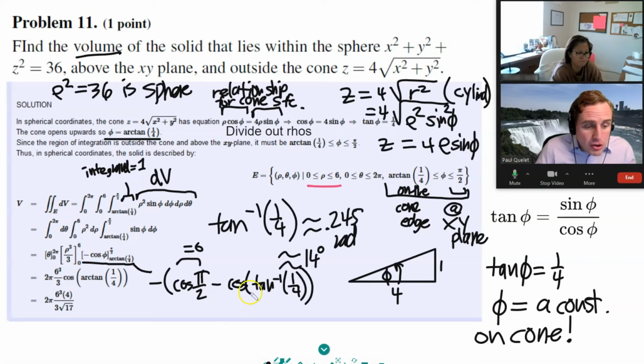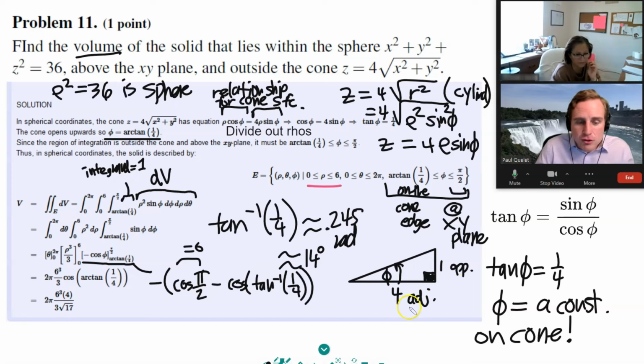Now, by the way, when you do the cos of the arctan of 1/4, that can be accomplished by looking at a triangle like this. Because think about this. Here is a triangle that has a tangent of 1 over 4. 1 is the opposite side, and then 4 is the adjacent side. Correct?